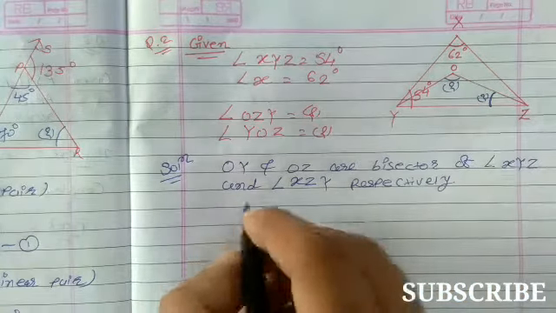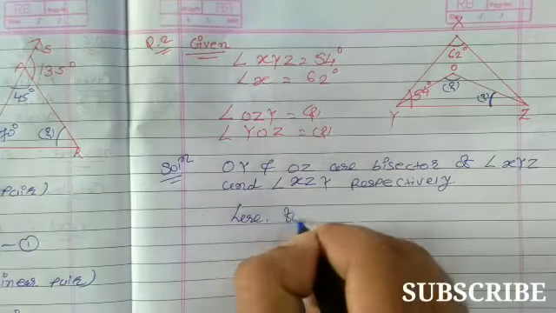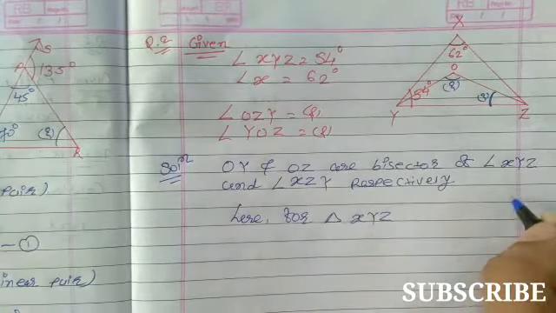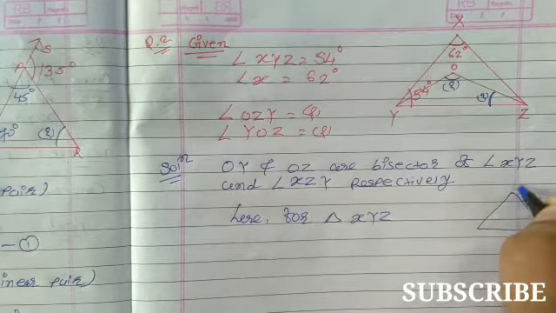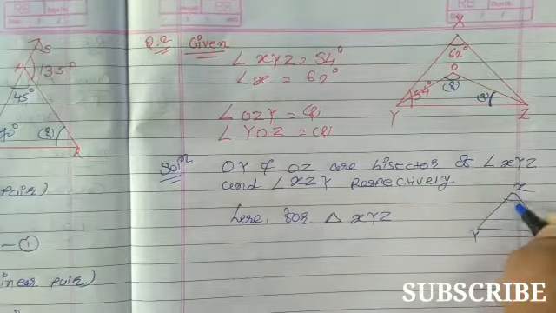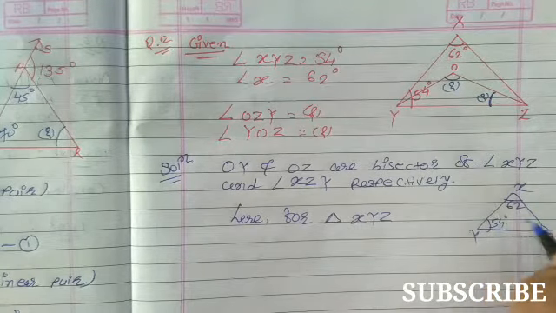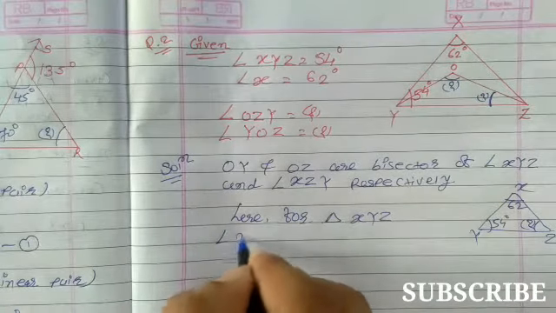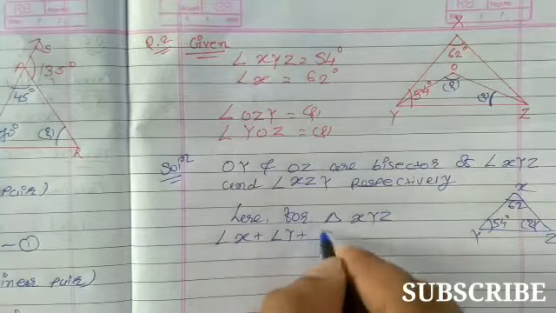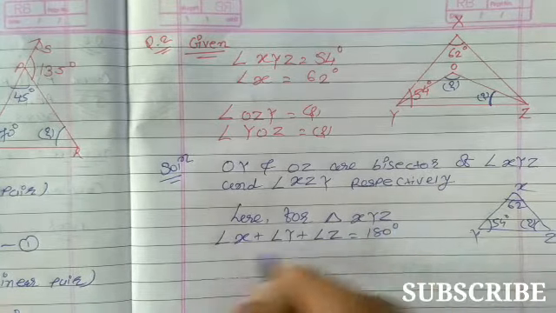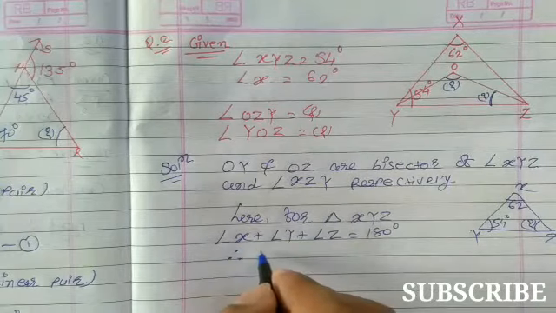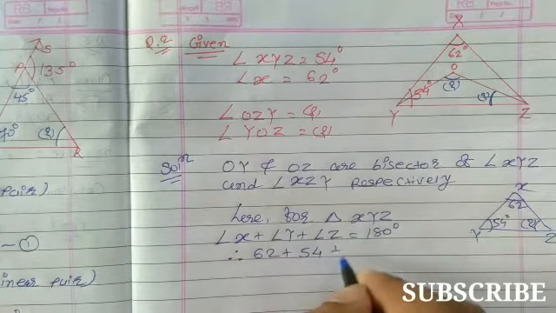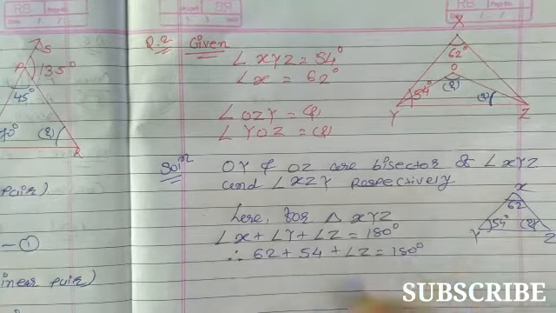For triangle XYZ, I can draw a rough figure here: X, Y and Z. This one is 62 and this one is 54 degrees. What will be angle Z? Angle X plus angle Y plus angle Z is equal to 180 degrees. That's why 62 plus 54 plus angle Z is equal to 180 degrees.